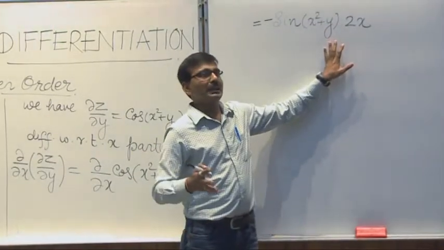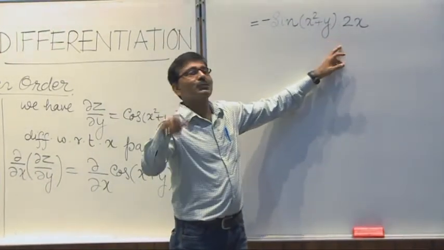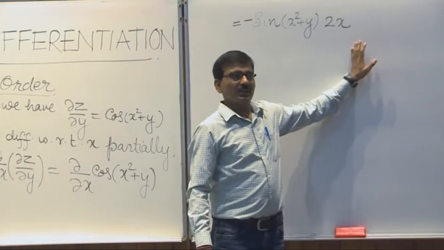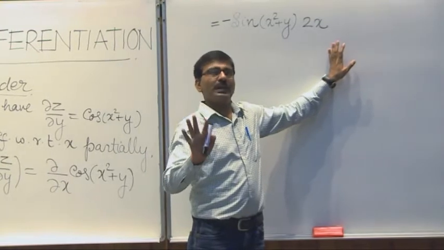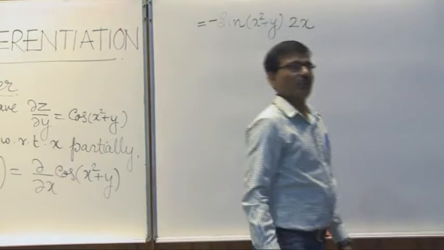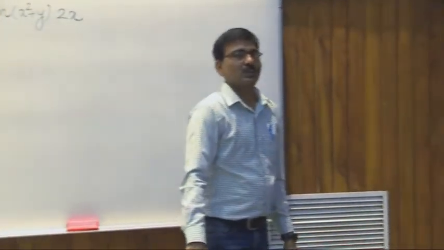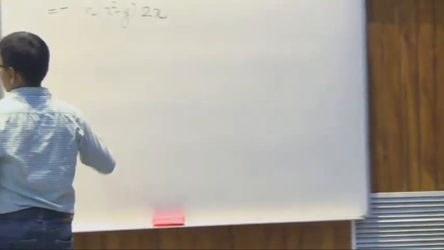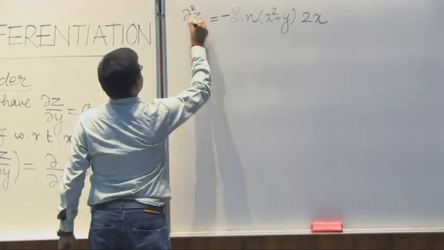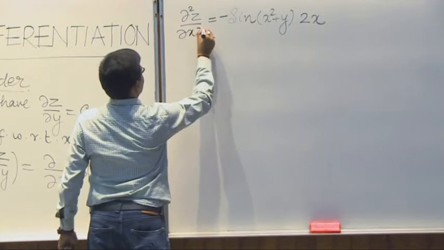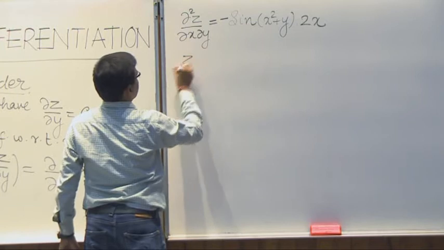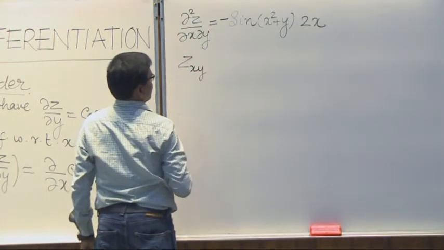But because this is not only x, that something will again be differentiated with respect to x. If you do it like this, you will understand. That's it. So this was your del square z del x del y, or you can write it as zxy.